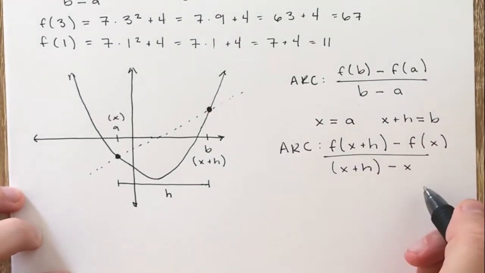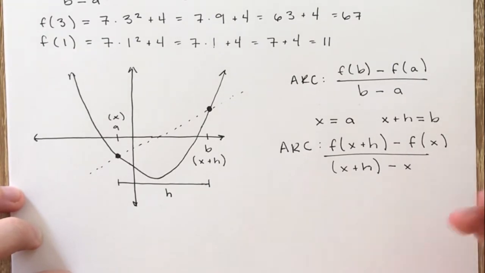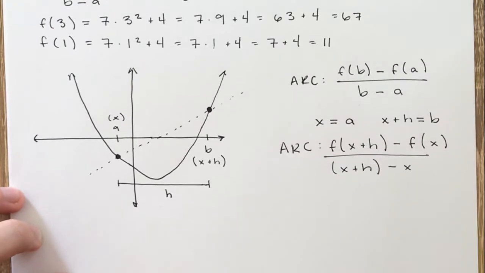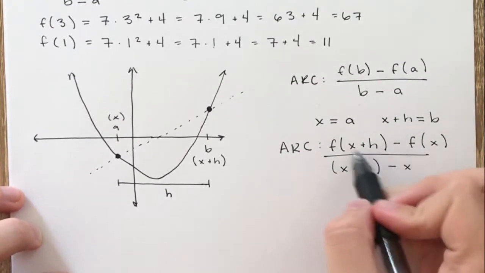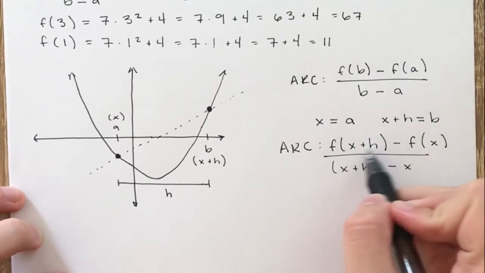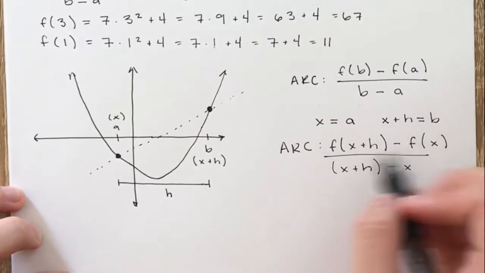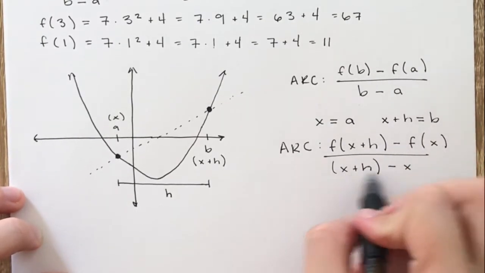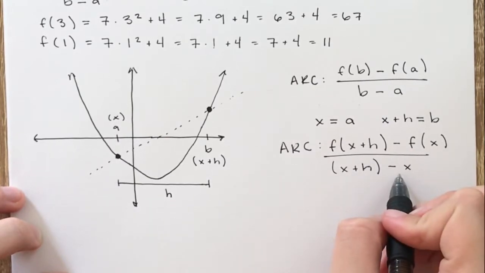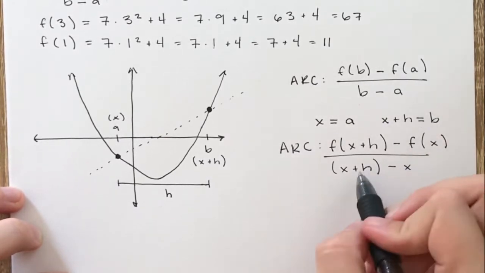Can we simplify this at all? We can't really do too much on top. If something's inside of the input of the function, right inside the parentheses, we can't take it out or do anything with that. So we can't really do too much on top, but we can simplify the bottom here, right?